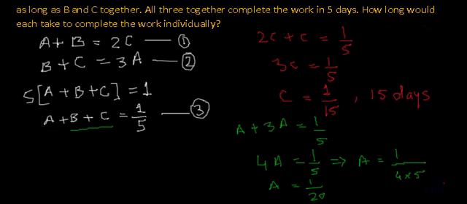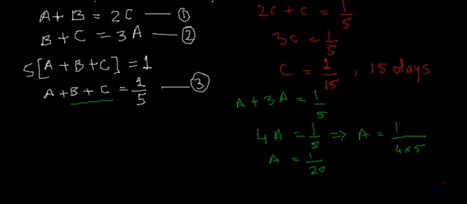That is, A is able to finish 1/20th of the job in one day, right? So A will take 20 days to finish the job if he is supposed to work alone on that job. And now, what about the working capacity of B?